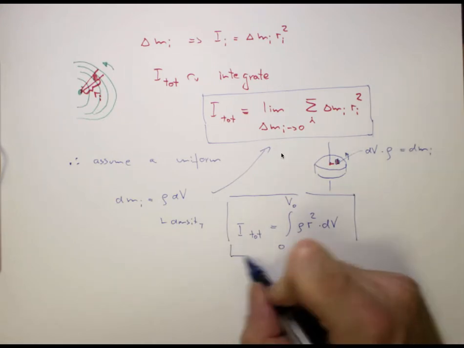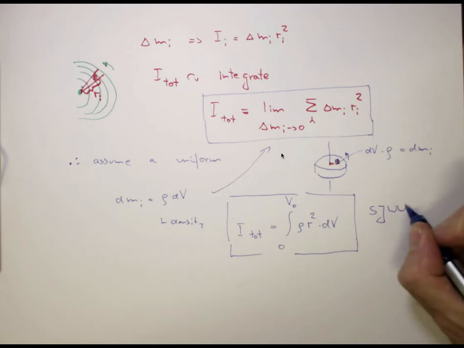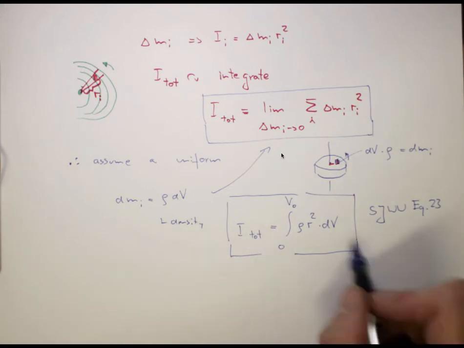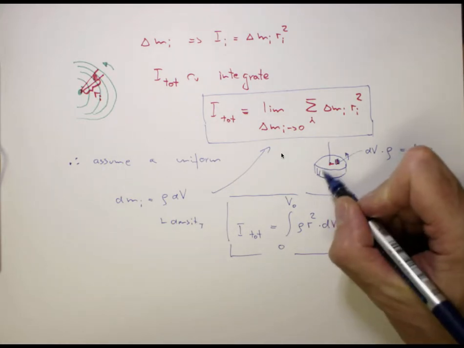That is equation 23 in the textbook SJWW, and it can be applied to any kind of uniform mass distribution. And I've already mentioned the disk here.